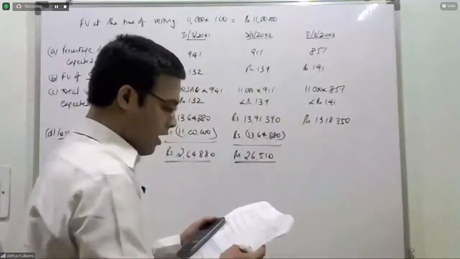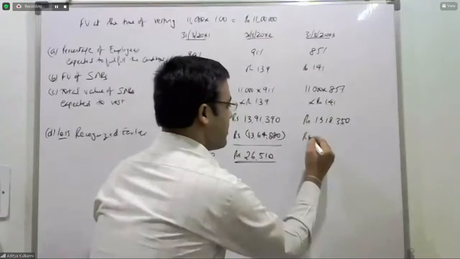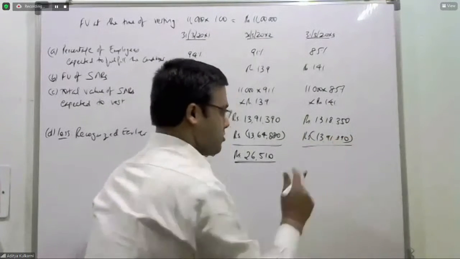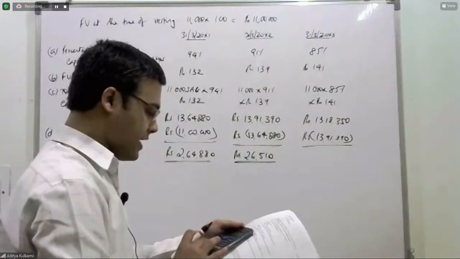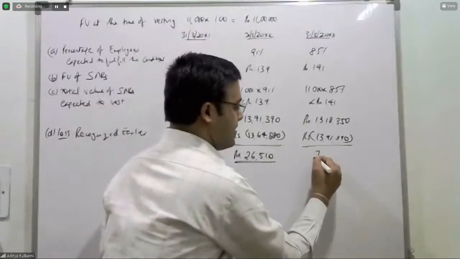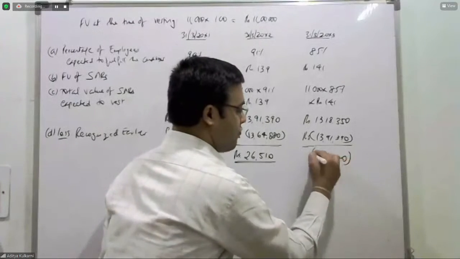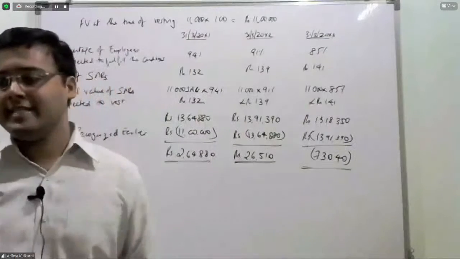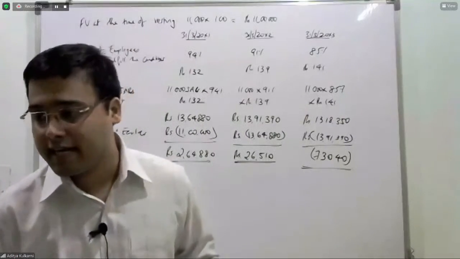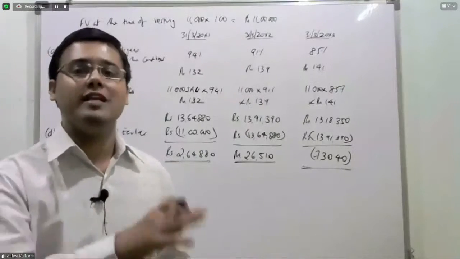As against that, how much have you recognized? 13,91,390. So when you subtract, you will notice that 73,040 you have recognized excess, so you will have to reverse.